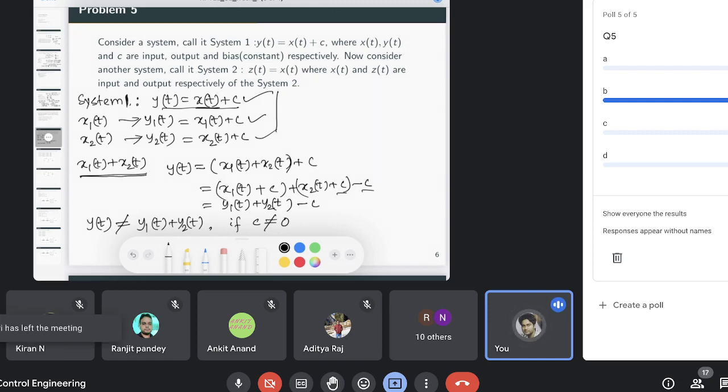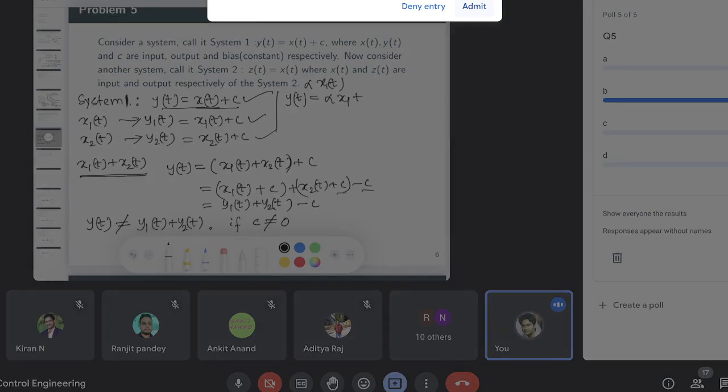If we give some input like alpha times x1t, then the output will be alpha x1t plus c, which is not equal to alpha times y1t, because y1t is x1t plus c, right?